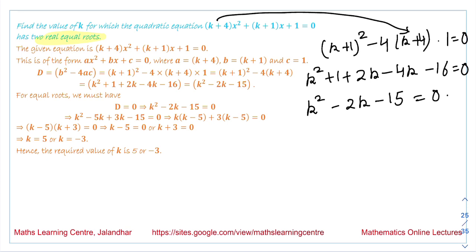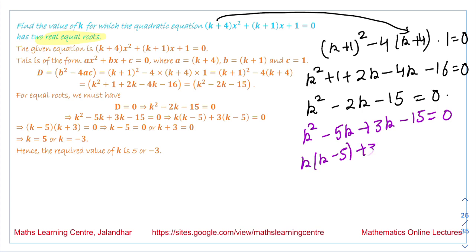Now we have to find the roots of this equation, and to find the roots of this equation we are writing k square minus 5k plus 3k minus 15 is 0. We take k common, so it is k into k minus 5 plus 3 into k minus 5 is equal to 0. So we get k plus 3 into k minus 5 is equal to 0.